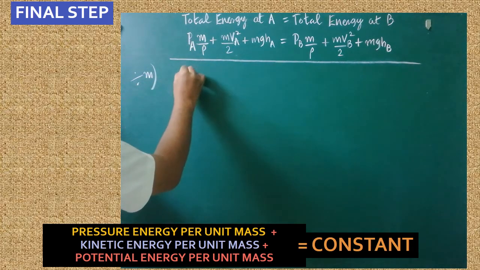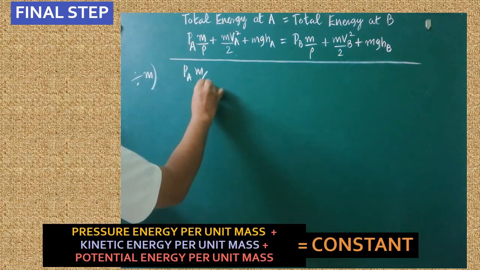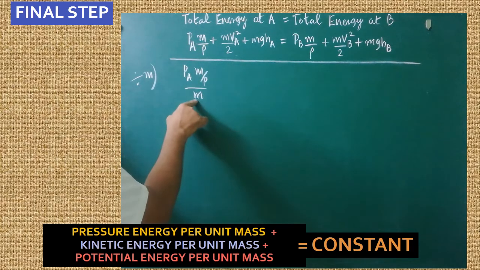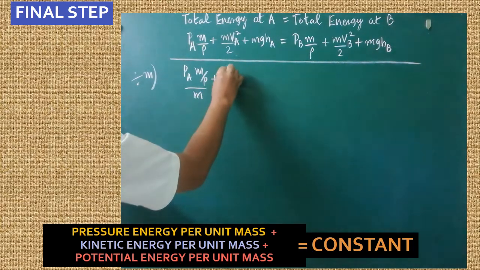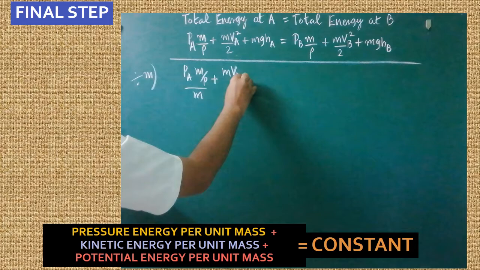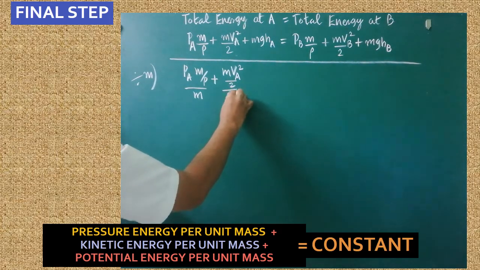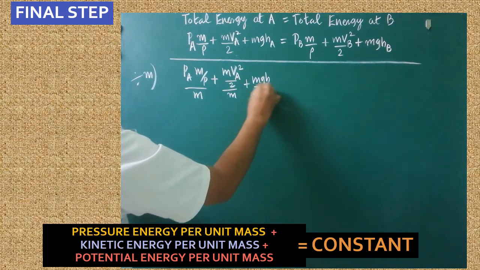So what do we have to do? PA into m by rho, divided by m. If the equation is divided by m, you will get the pressure energy per unit mass, plus the kinetic energy per unit mass, m VA square divided by 2 whole divided by m, plus m g h divided by m.